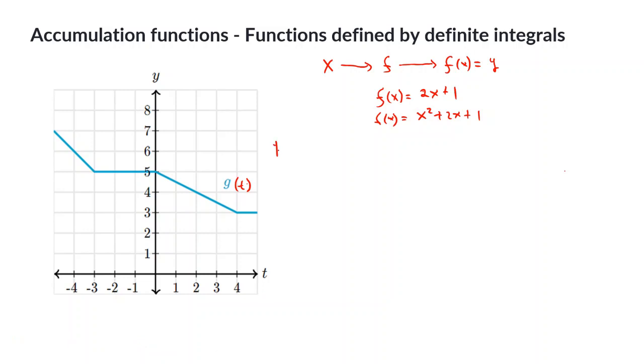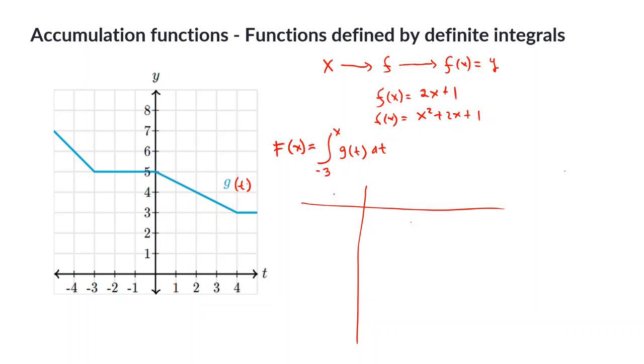For example, F(x) equal to the integral from -3 to x. Basically, it says I can define the accumulation function, the area function of g(t) from -3 until x, dt. What does that mean? For example, I will make a table here.